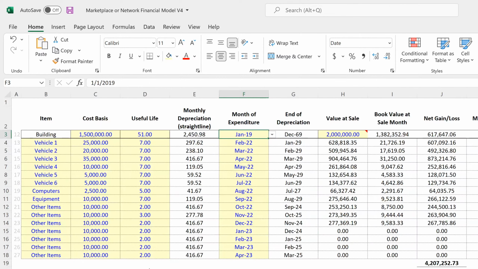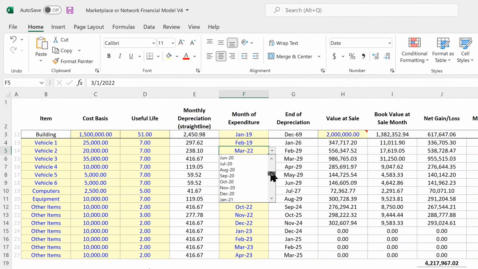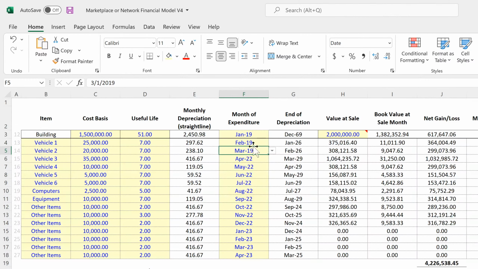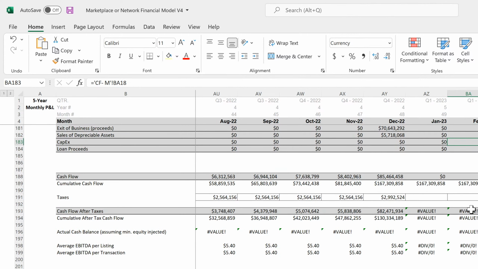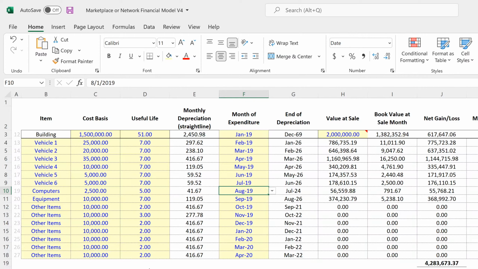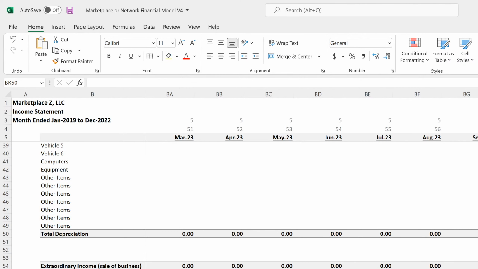So technically, there'd be no possible way to have capex after the forecast is over, so that would not be a logical input anyway. So let's fix that. I don't know if that's necessarily going to fix the issue, but it's one part of it. So it looks like a tax thing. Let's go to the income statement here.